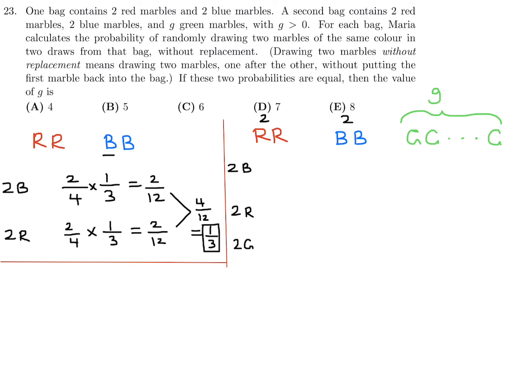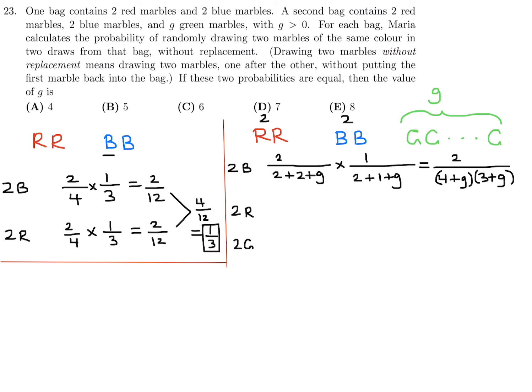Okay, so the probability of getting a B, a blue, is 2 over 2 plus 2 plus G. That's the total. For the second selection, it would be 1 over 2 plus 1 plus G. So this is basically 2 over 4 plus G times 3 plus G. All right, no tricks, just exactly the way I did it for the first one.